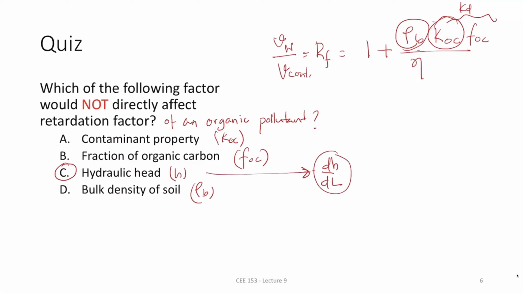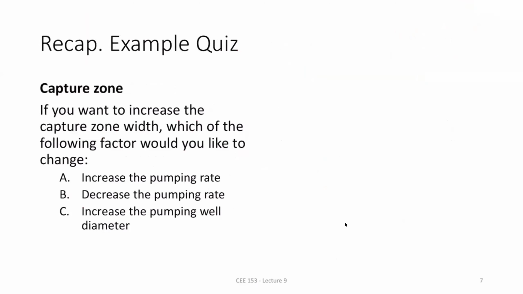Okay, I didn't write who answered it. So 54% answered this one, 21% answered this, 12% answered this, and 12% answered this. So the correct answer is C. Anything I cross or circle, that's the right answer for your reference. All right, the last quiz.